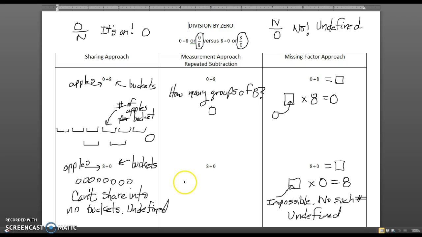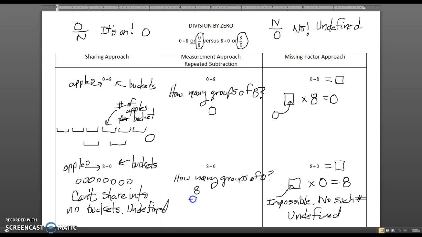On this one, I have how many groups of 0? And so if you think about it, kind of remember what I was doing on the last one where I did 24 minus 3 and got 18, and 18 minus 3 and got 15, and so on.